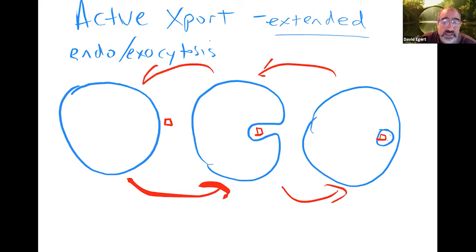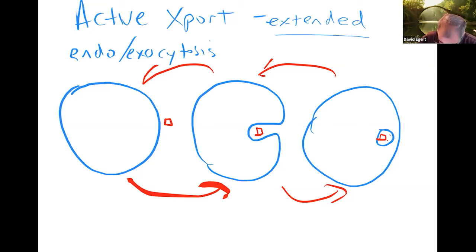So this is a way to get things across the membrane into the cell or out of the cell. And it's going to take energy. You're going to have all sorts of cytoskeletal machinery pushing and pulling on the membrane to make this happen. So this is a form of active transport because it doesn't just happen on its own. There's a lot of energy involved in the machinery to make this happen.